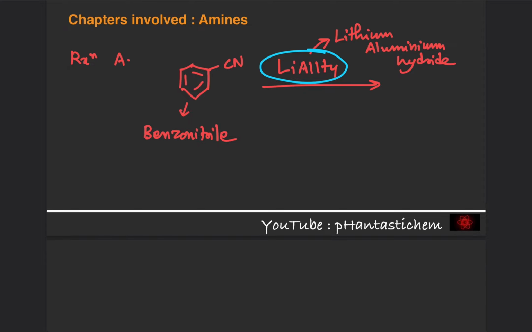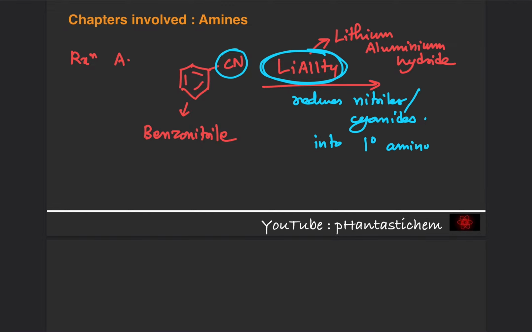It reduces nitriles, which are also known as cyanides, those containing the CN group. So LiAlH4, being a reducing agent, reduces nitriles or cyanides into 1 degree amines.